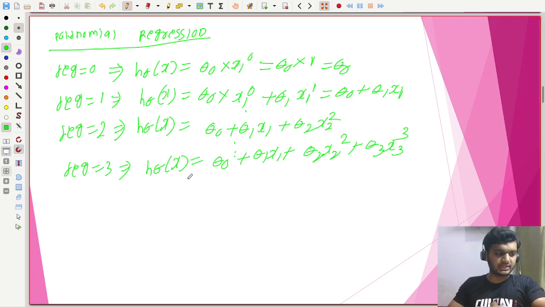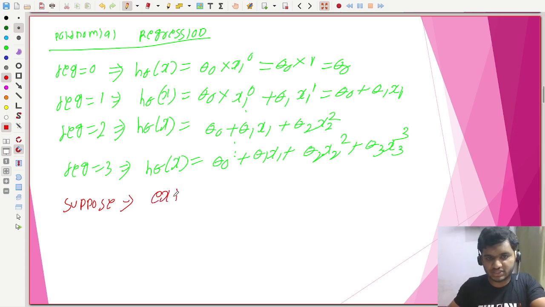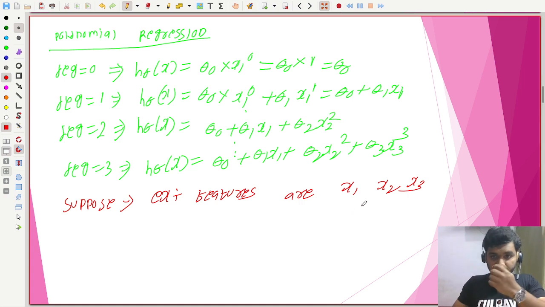Okay, so like this. Suppose, as an example, we give three features, that is x1, x2 and x3. So here the polynomial degree is 2.